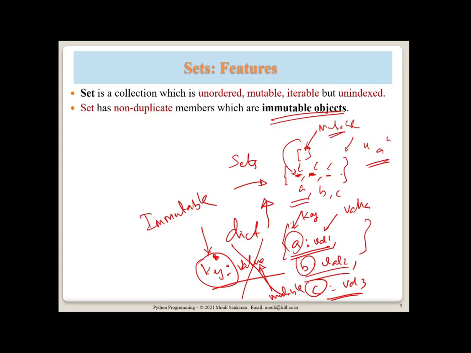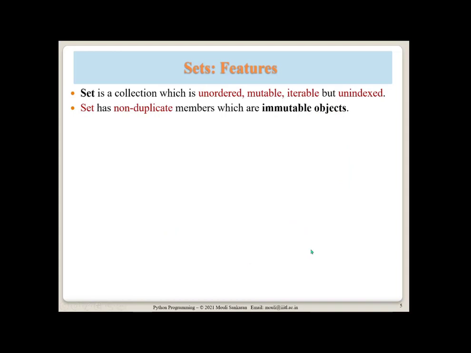Now I told you that in a dictionary we knock off the values which are mutable and then take out only the keys which are immutable. Then we get a set, and these sets are nothing but a sequence of unordered immutable objects. Now why is the need that we want the sets to have immutable objects? Now let us see that.